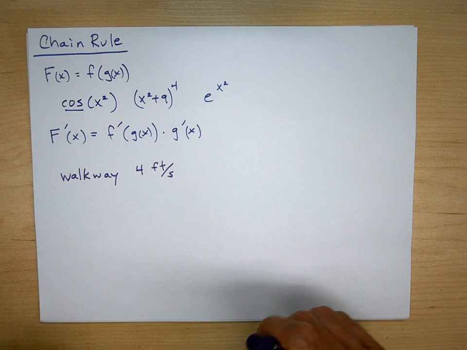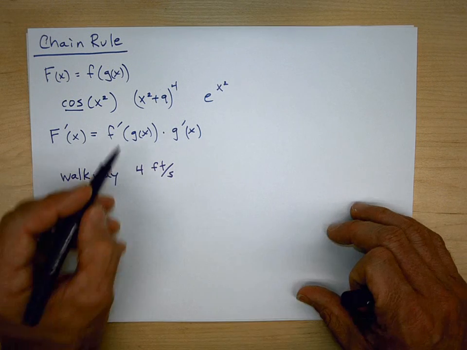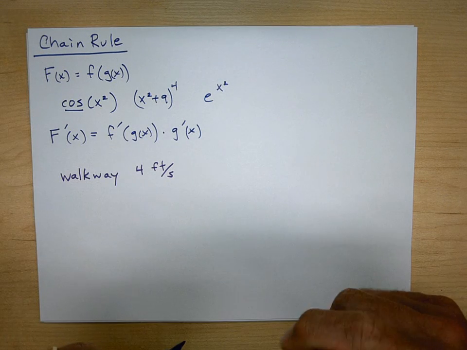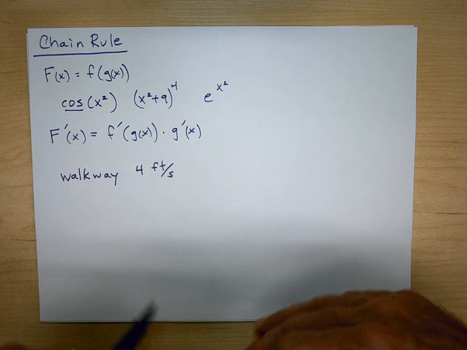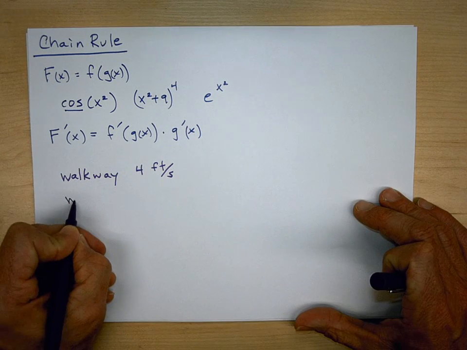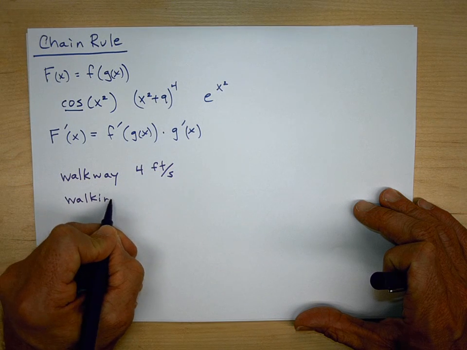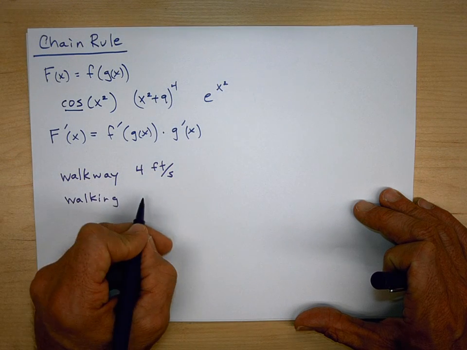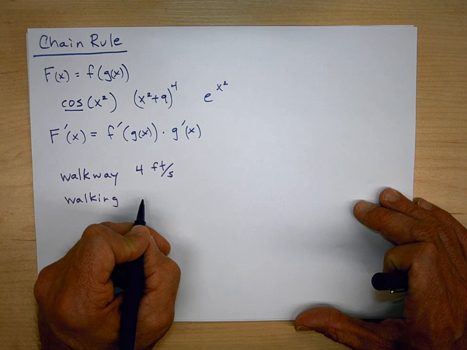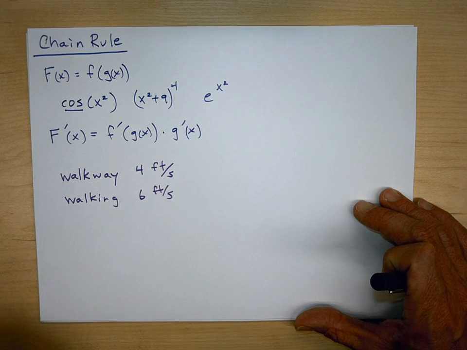All right. But then, while you're on the walkway, the inside function is the walking. You're actually walking, right? So you might be walking, so that's changing at the same time. And let's say, maybe like 2 strides per second, or about 6 feet per second seems reasonable.